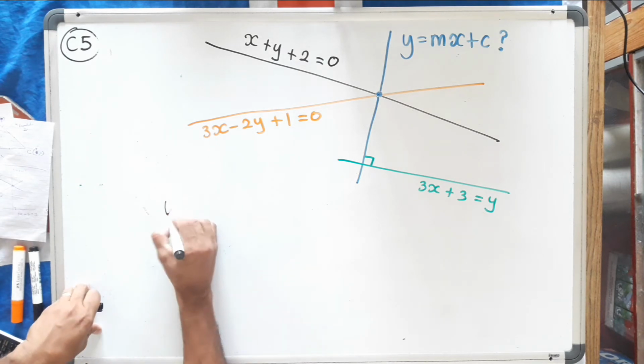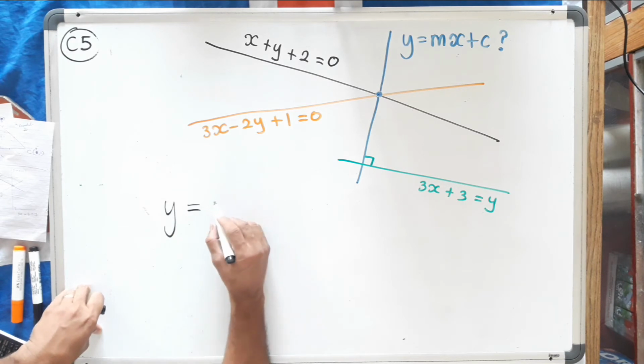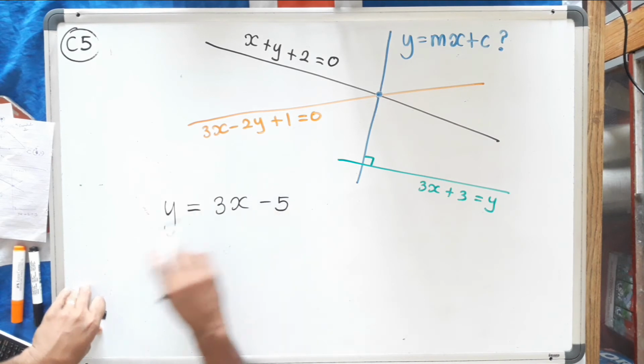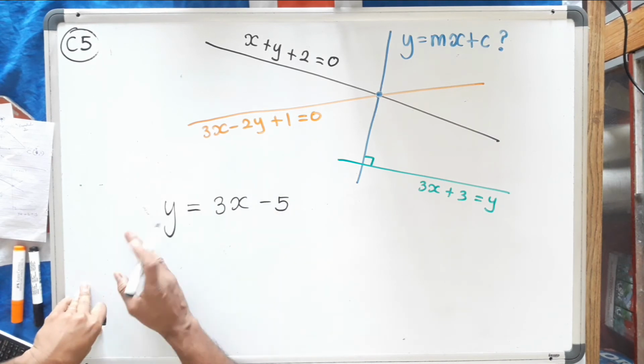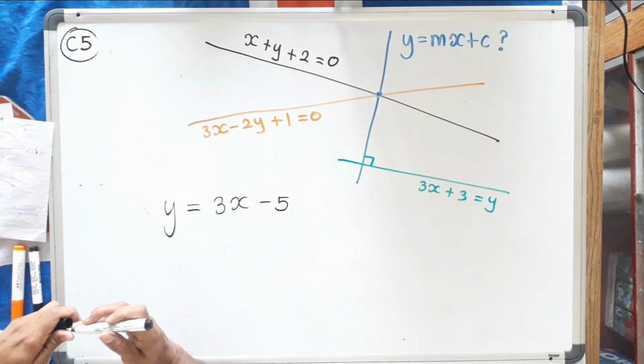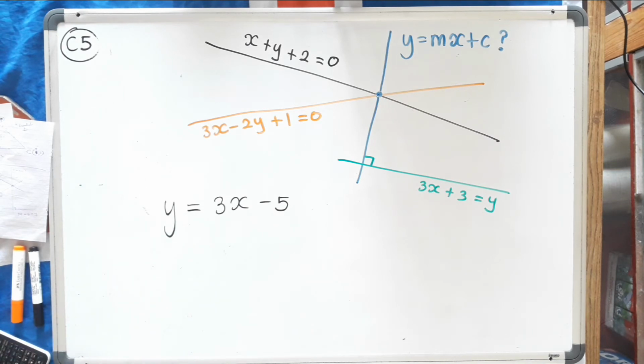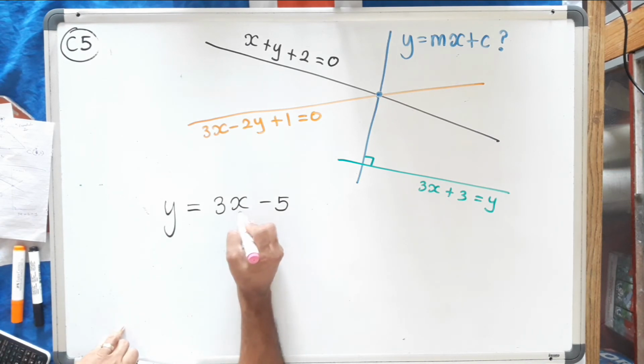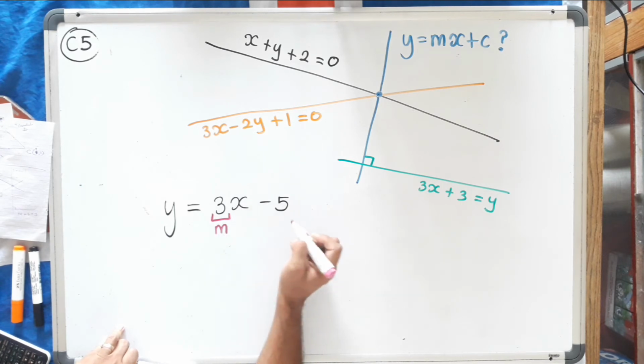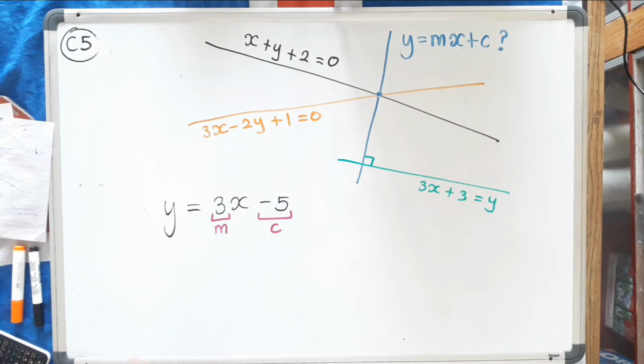If I told you the equation of a line is y is equal to 3x minus 5, and I ask you, hey, Mr. Line, what is your gradient? You would tell me the gradient is 3 because the number touching x is 3. And if I ask you how much is the y-intercept, you would say the y-intercept is minus 5. Because you know the general form is y is equal to mx plus c.